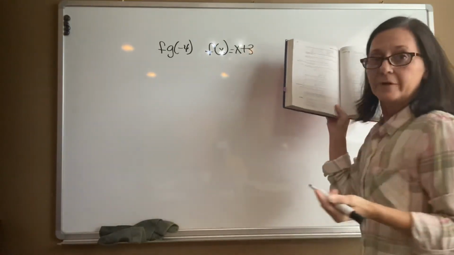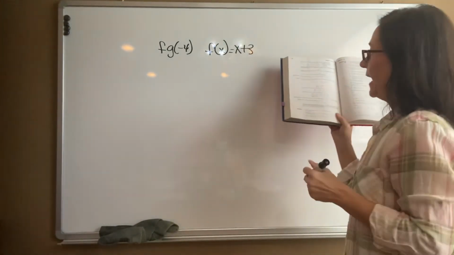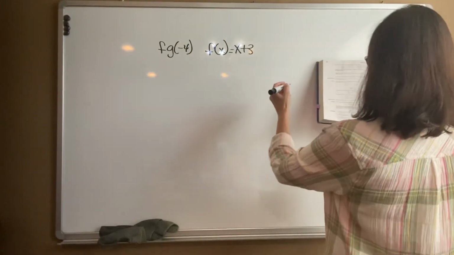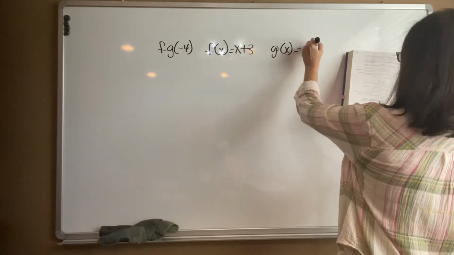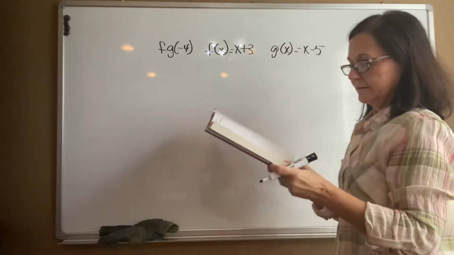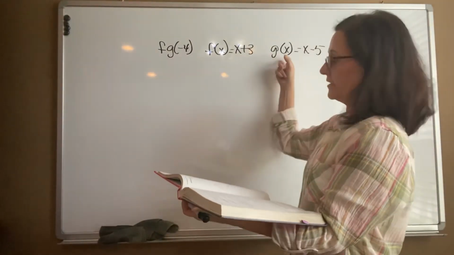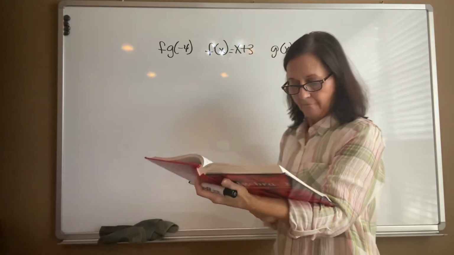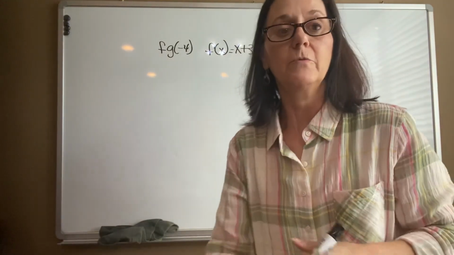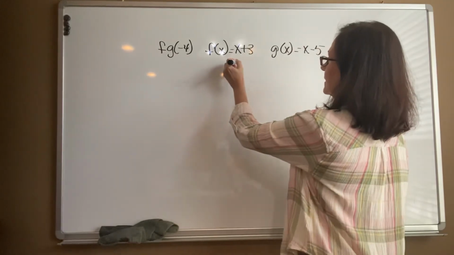Its domain is all reals. Negative 4 is a real number. And g of x equals x minus 5. But negative 4 does not fit in the domain of g of x because it's only positive integers. So the solution would be an empty set. This is an empty set.